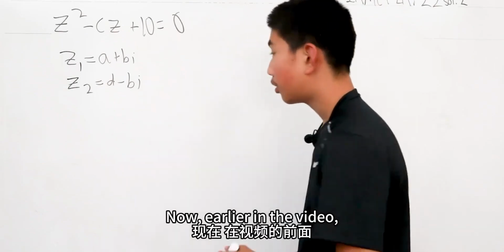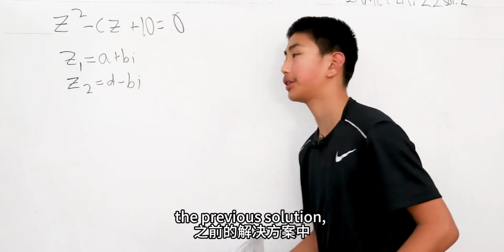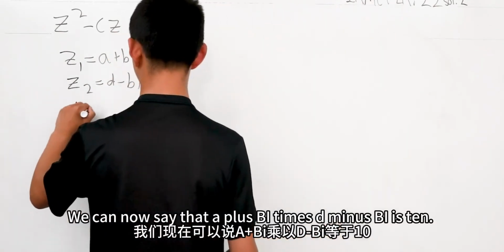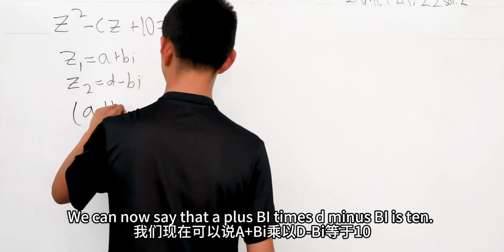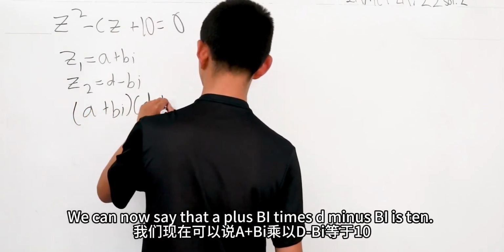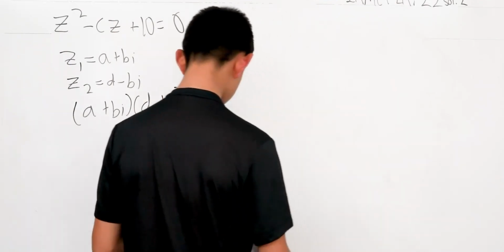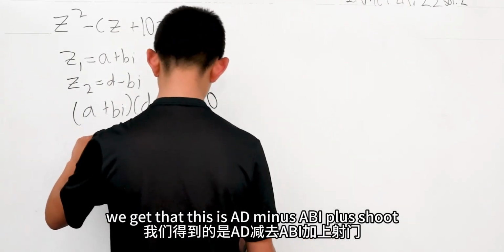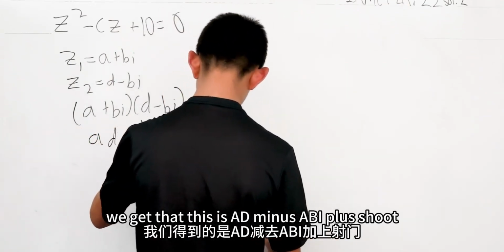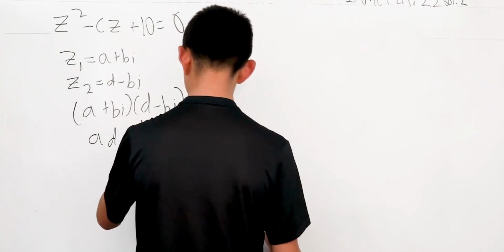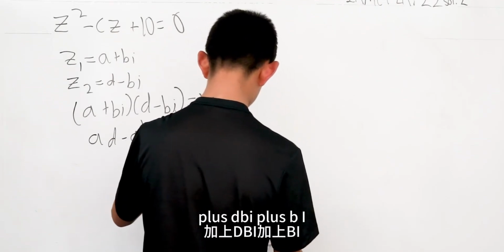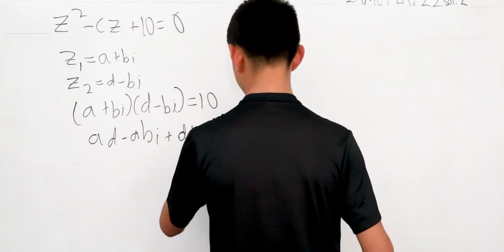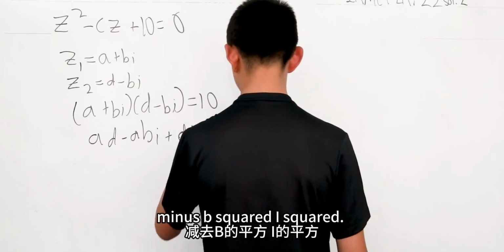Okay, now earlier in the video, the previous solution, we proved that z1 times z2 is 10. So we can now say that a plus bi times a minus bi is 10. Upon multiplying that out, we get a squared minus abi plus abi minus b squared i squared.